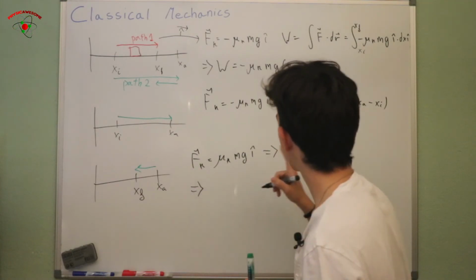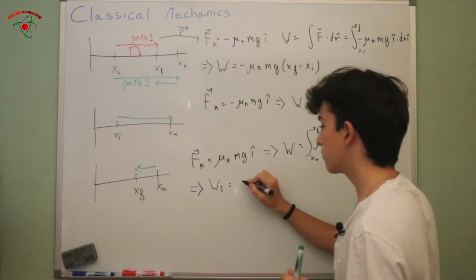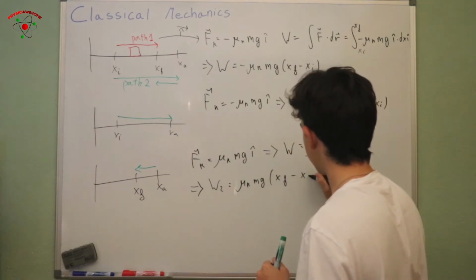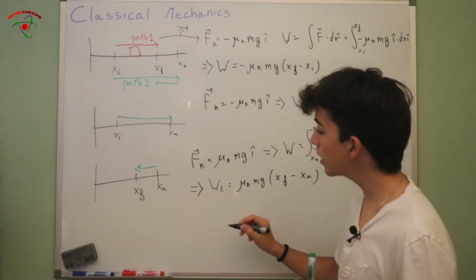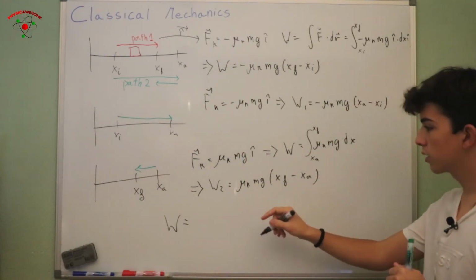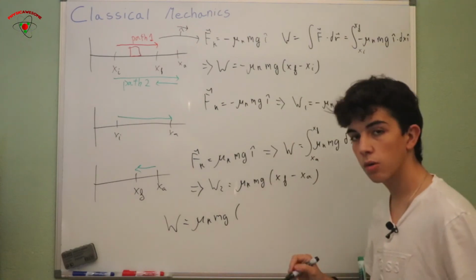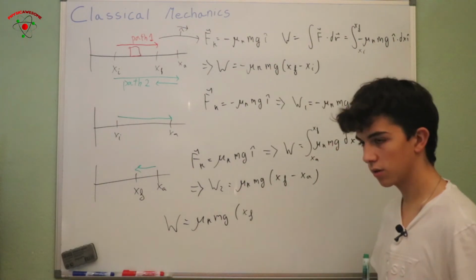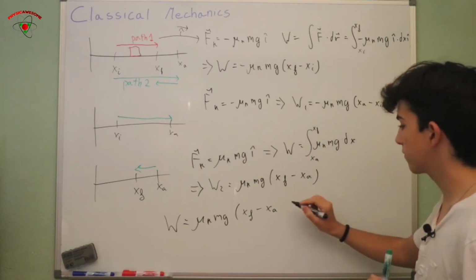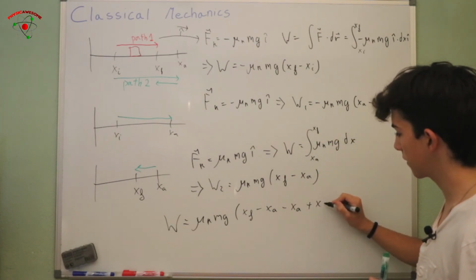And if you solve this, you are going to get that work 2 equals mu k mg times xf minus xa. And now, when you try to find the total work, you are going to get mu k mg times positive xf, negative xa, and from here, negative xa, and positive xi.